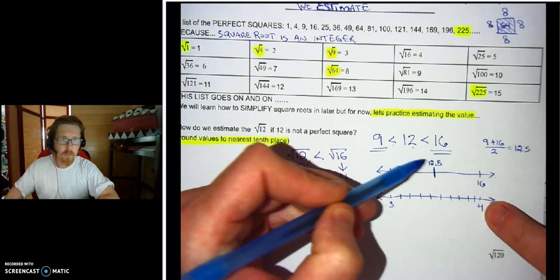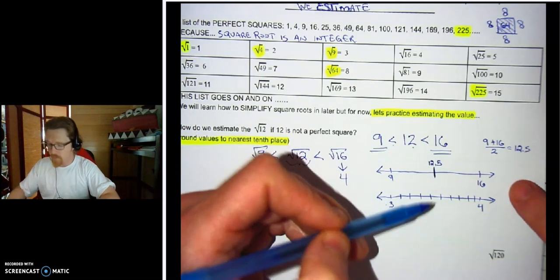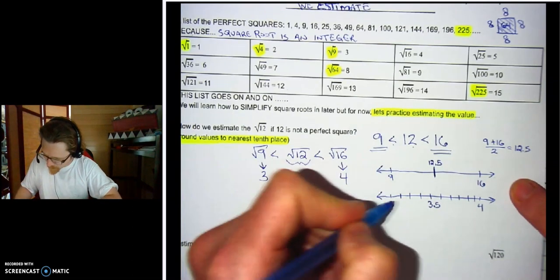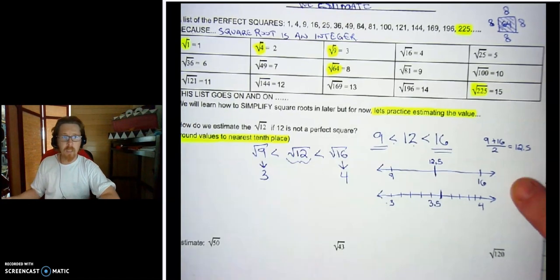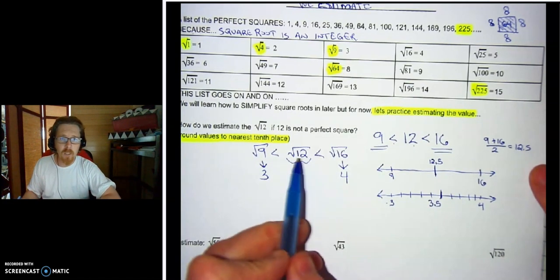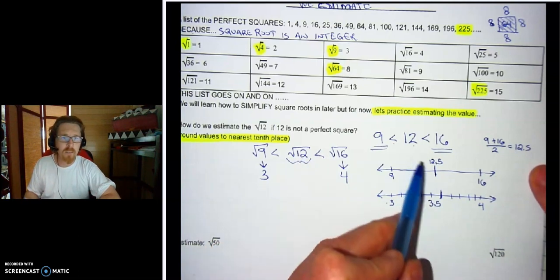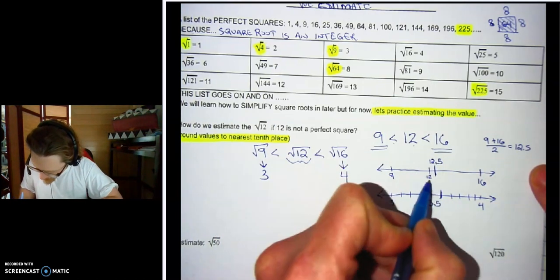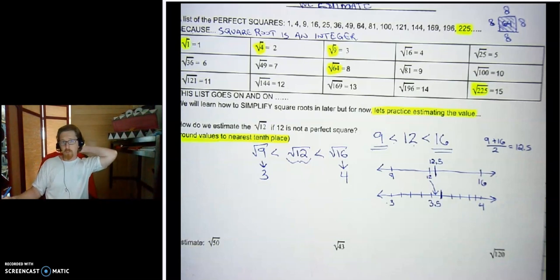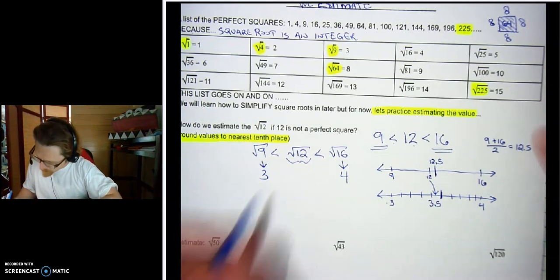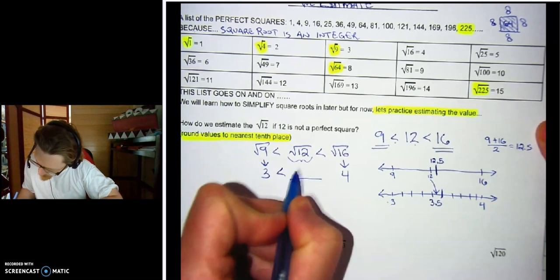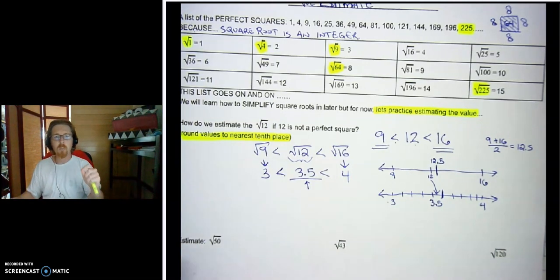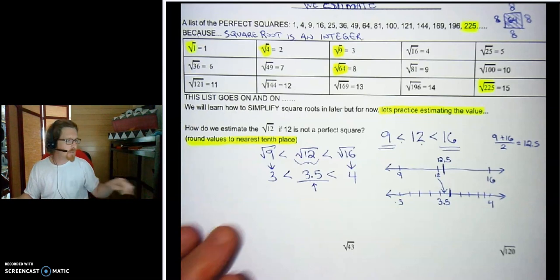Because 12.5 is halfway between 9 and 16, that means 3.5 is halfway between 3 and 4. I look at the number 12 and see how close this is to 12.5. If 12 is this close to 12.5, then the square root of 12 is probably going to be around 3.5. So I'm going to estimate the square root of 12 as 3.5. That's my guess. Again, it's not a perfect exact value, it's just an estimation.